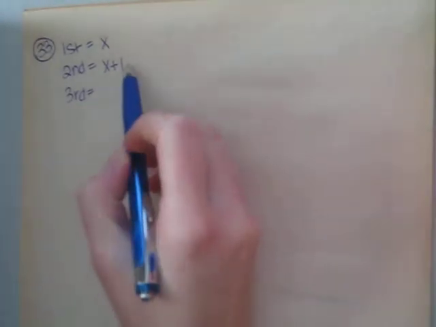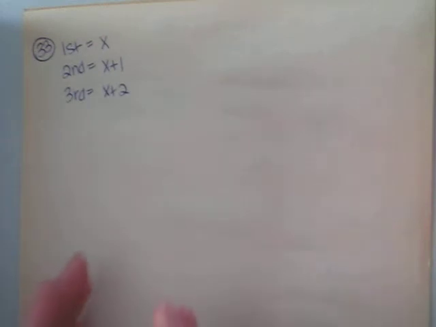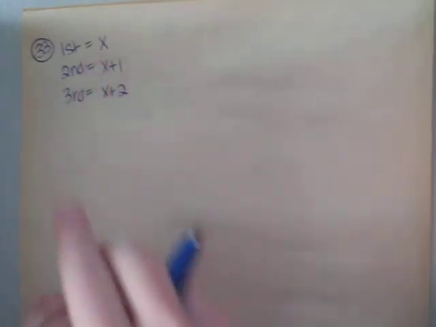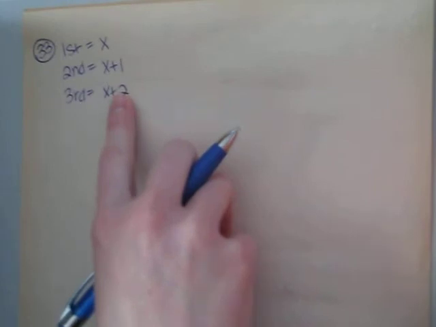Now to find the third, I have to add 1 to the second. So x plus 1 will just be x plus 2. And always set up the same way. If the question said consecutive even or consecutive odd, that's when you then do x plus 2, x plus 4. But here we just have regular consecutive.